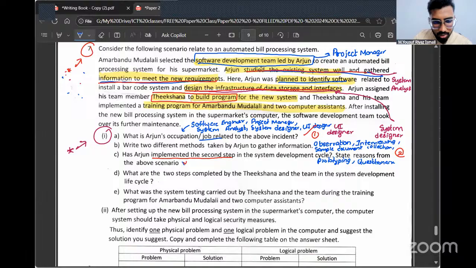Yes. And for the reason you can mention that Arjun has planned to design data storage and interfaces.